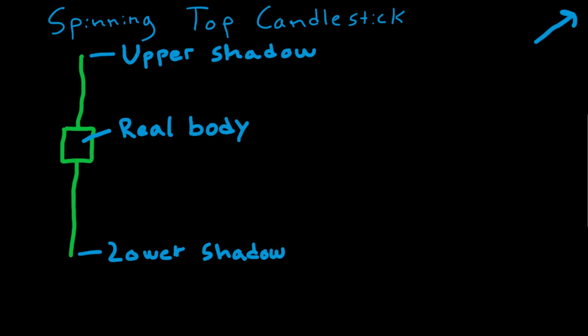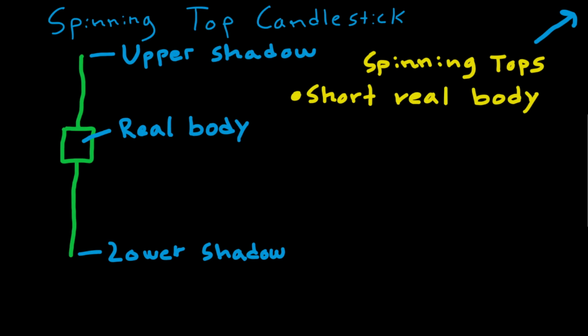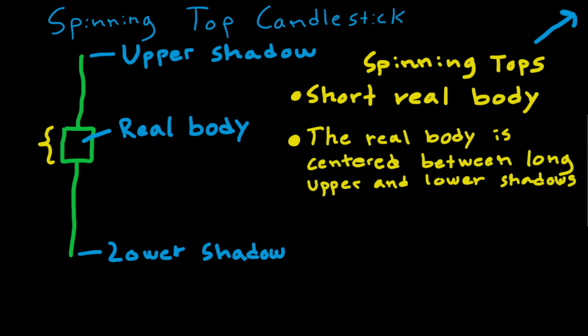All right, and how do we know that we are talking about a spinning top candlestick? Well, spinning tops, first of all, they have a short real body. So let's write that down. So this part right here has to be short. And the second thing about spinning tops is that the real body is centered between long upper and lower shadows.